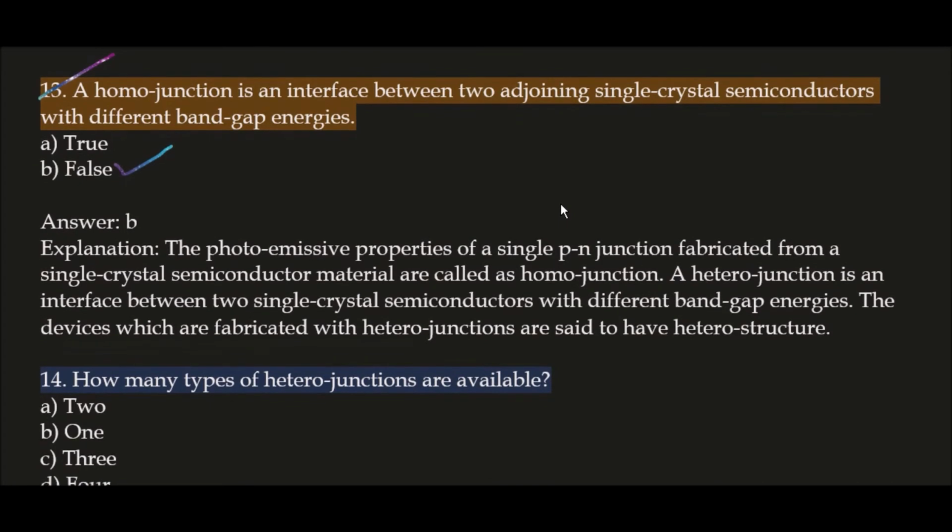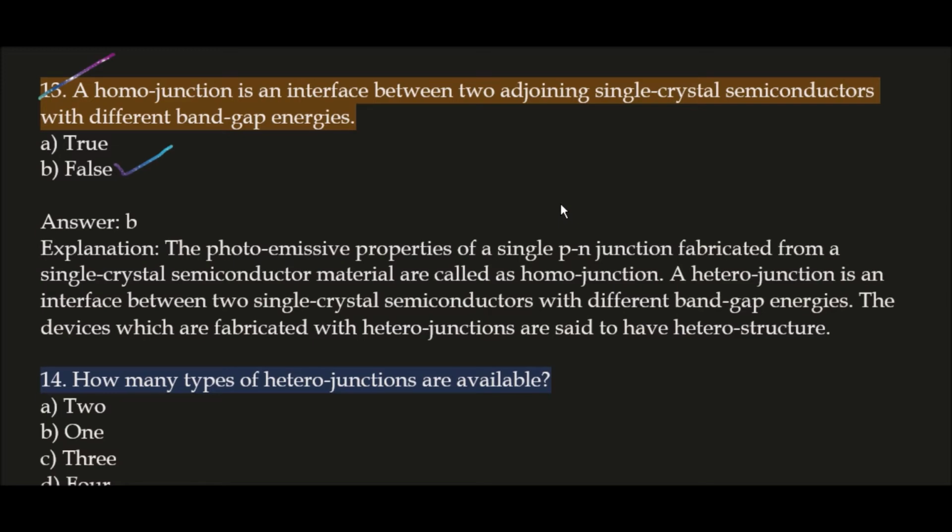A heterojunction is an interface between two single crystal semiconductors with different band gap energies. The devices which are fabricated with heterojunctions are said to have heterostructure.